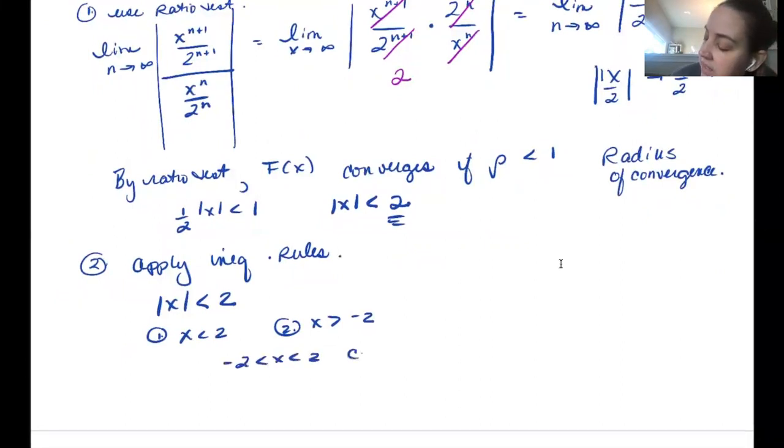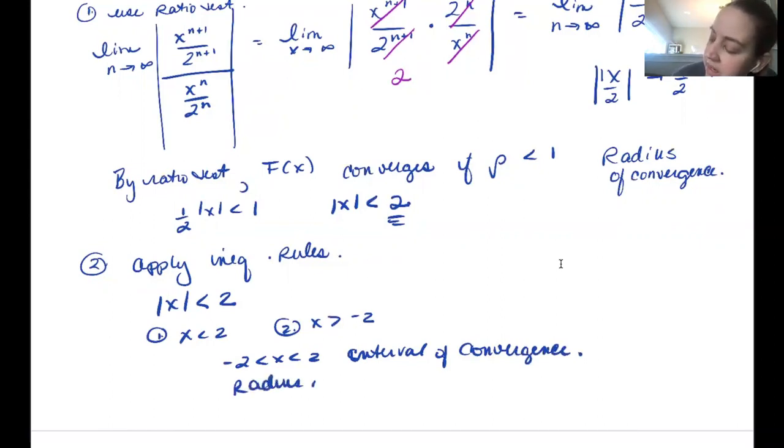This is the interval of convergence. You could also say your radius of convergence, and I know we mentioned that above, is 2. So sometimes they want the interval of convergence, sometimes they want the radius of convergence.